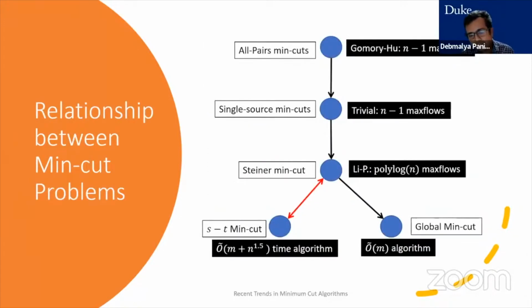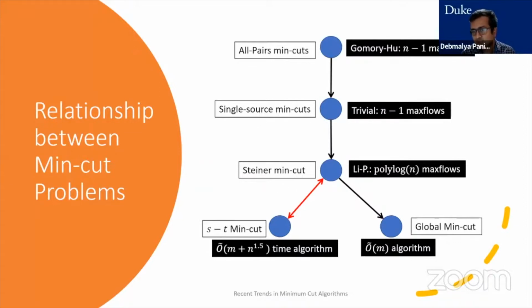The way I want you to think of this is the following structure of problems. As we go down this tree, I'm making the problems more and more specific. The most general problem is, of course, all pairs min cuts. If I can solve all pairs min cuts, I can answer all the other questions on this slide. A specialization of all pairs min cuts is the single source min cuts problem.